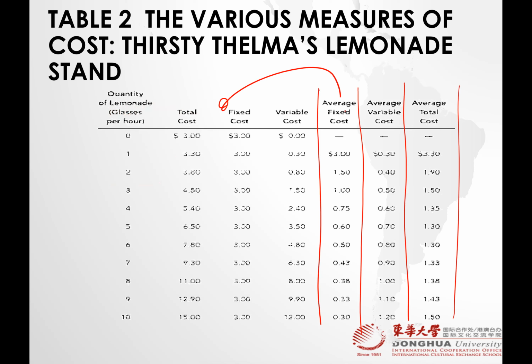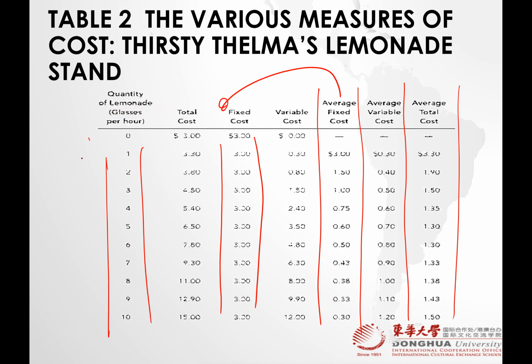So if you compare average fixed cost with the fixed cost, you see here the fixed cost is the same with the level of output. But if you compare average fixed cost, it is decreasing. So it means in a whole figure or in total, fixed costs remain the same, but the average fixed cost does not remain the same.